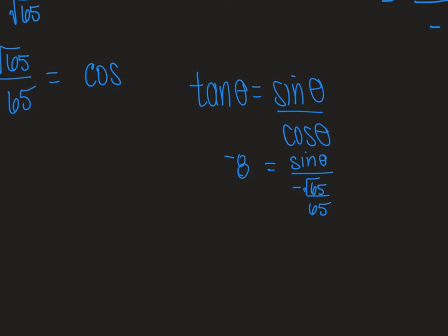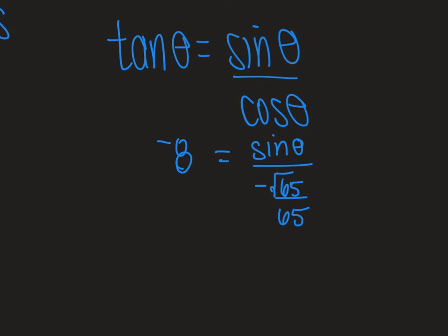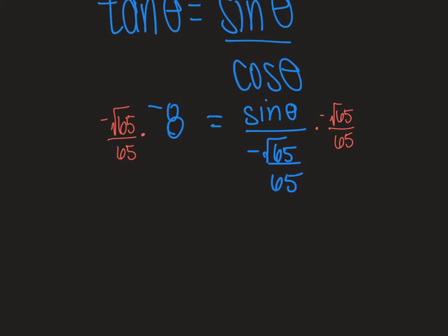Right now it's being divided by negative square root of 65 over 65. So we'll multiply both sides by -√65 over 65. You don't have to flip it because we're not trying to just simplify the one side. We're trying to actually get it to cancel. So just think it was being divided by this fraction, so we're going to multiply by this fraction over 65.